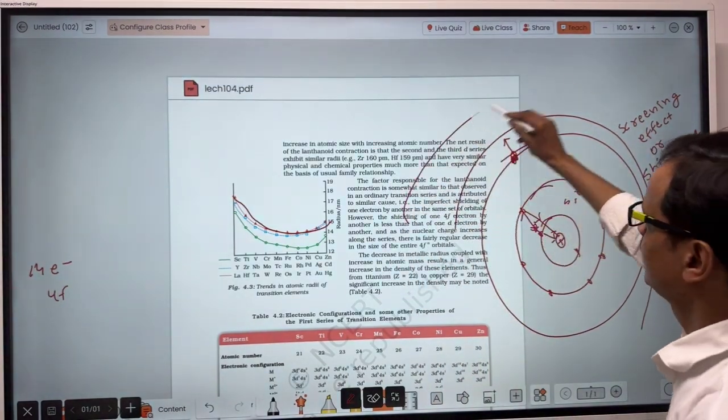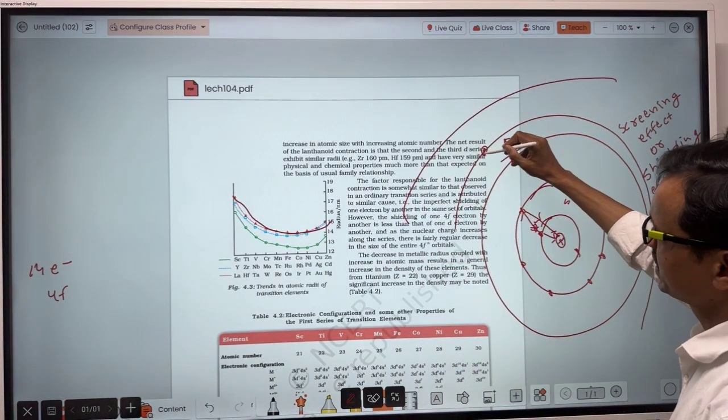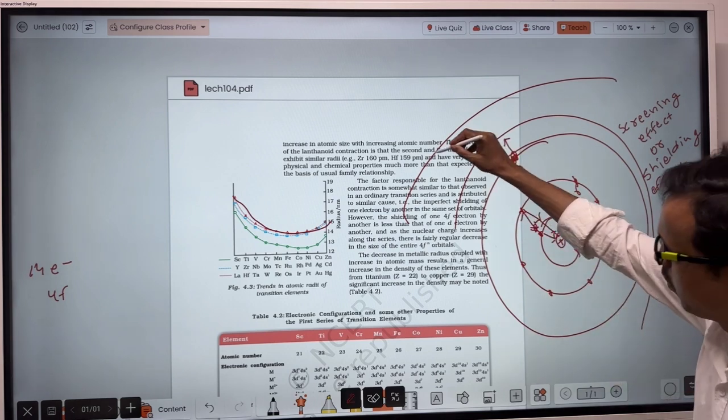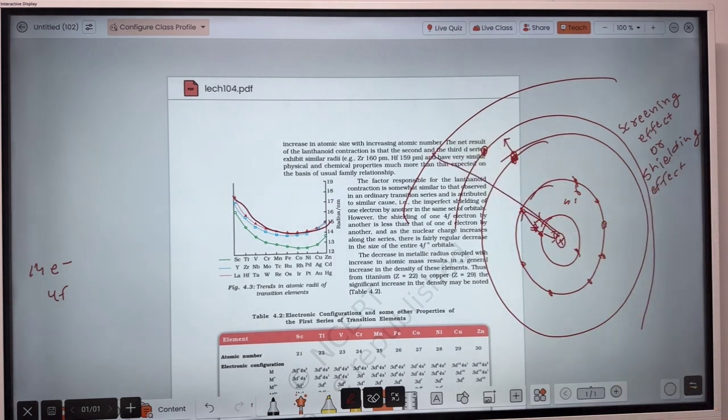When there is no screening effect, the force of attraction will be very high, so the outermost electron tends to come closer to the nucleus.